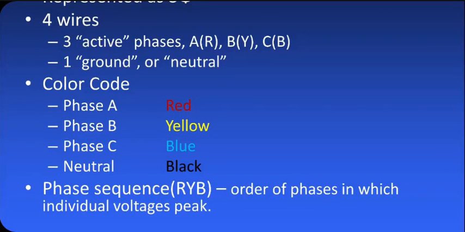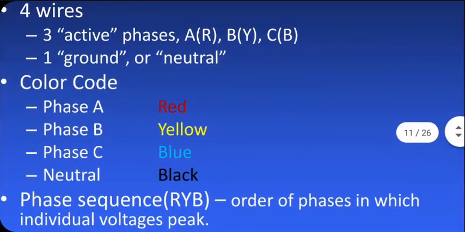That is why the red colored line is called the red line, and the yellow colored wire is known as the yellow line, and blue color is reserved for the third line, and neutral is generally coated with black material.